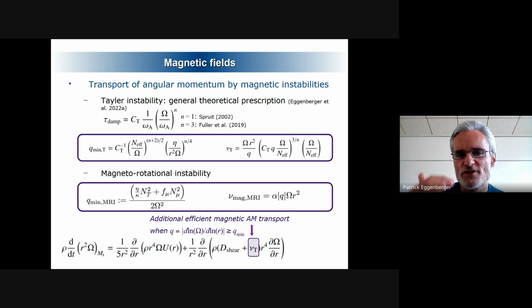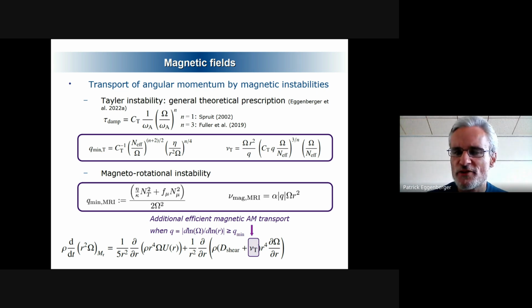Then you have the relation with an efficiency for the transport of angular momentum that is given by this viscosity associated to magnetic field. This is the same for the magnetorotational instability. You can have the prescription for the transport, and all this is added in the equation that we have seen before for the internal transport of angular momentum.